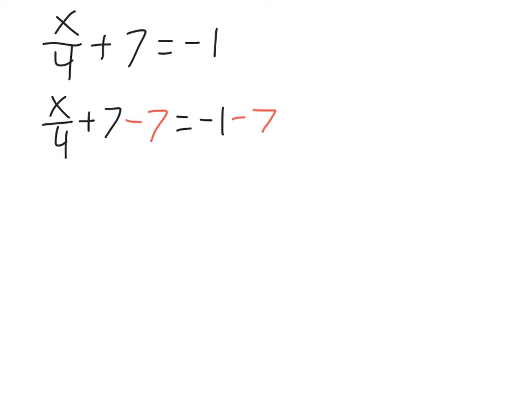And now we need to write what property we used. Well, we subtracted from both sides, so that means we used the subtraction property of equality. Then we combine like terms.